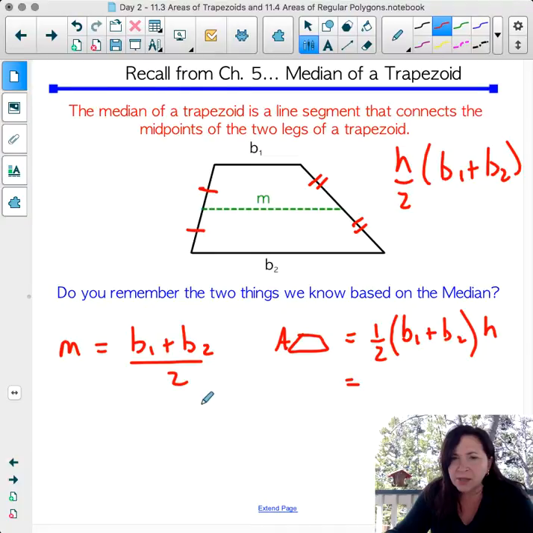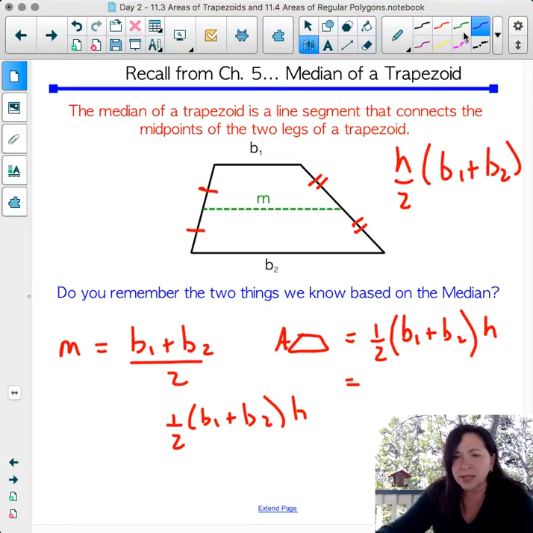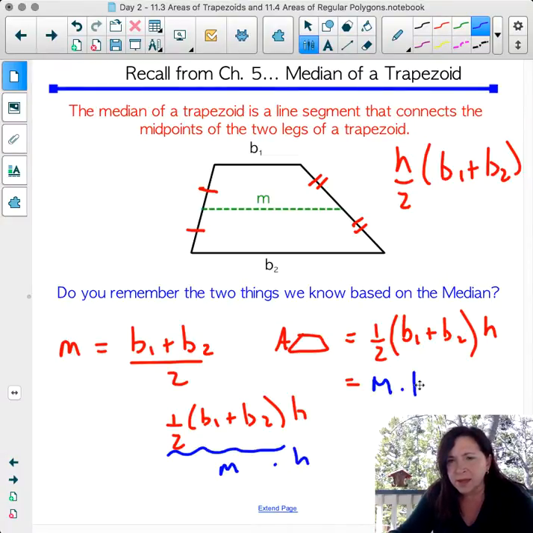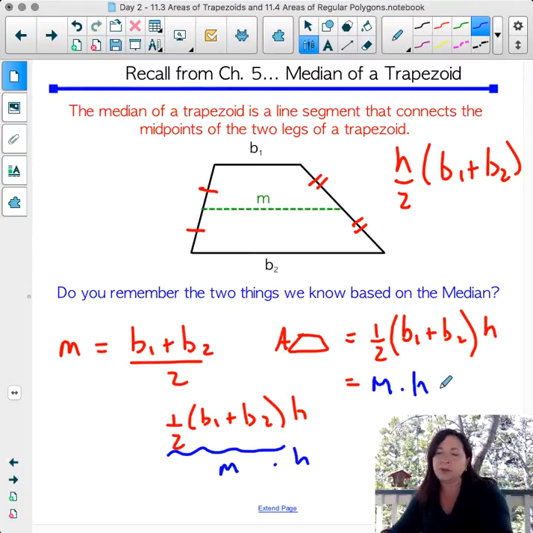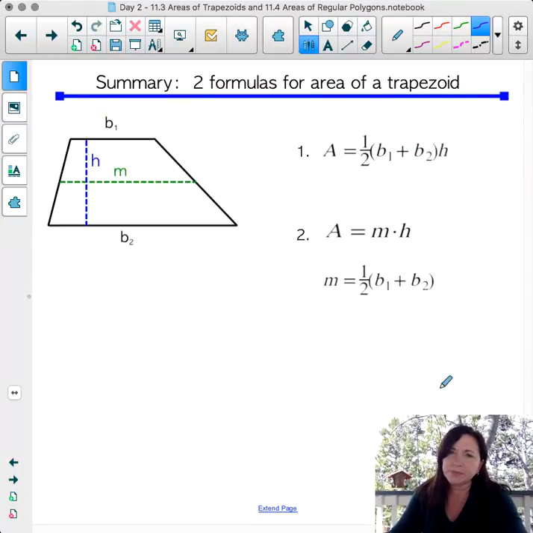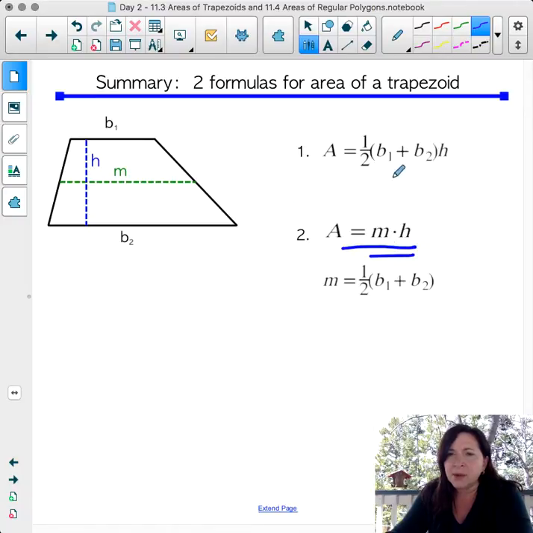You're seeing this part, this 1/2, base 1 plus base 2 times the height. What you're seeing is that this part right here is your median times your height. So another formula for area of a trapezoid is the median times the height. So you have two formulas for area of a trapezoid. Median times the height, 1/2 base times height.